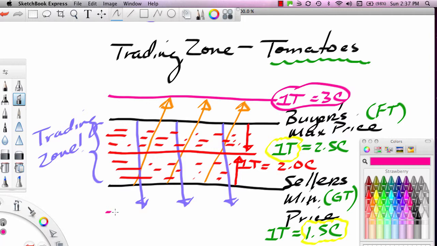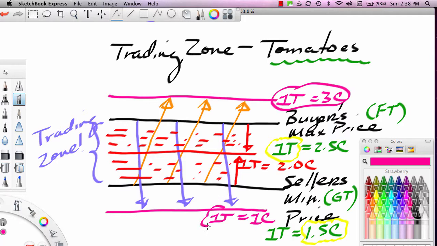On the other hand, an exchange rate way down here is also not going to work. Let's say an exchange rate of 1T equals 1C. Well, the seller is willing to get rid of a tomato in her own garden at 1T equals 1.5C. In other words, the seller can get 1.5C for a tomato in her own garden. Why would she ever make a tomato and try to trade it away for only 1C?